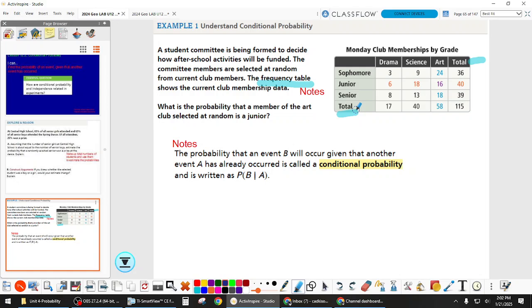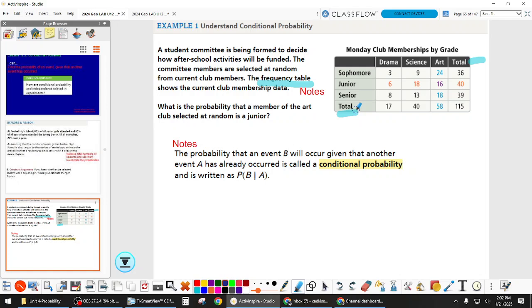Okay, what is the probability that a member of the art club selected at random is a junior? Okay, so I'm hearing some numbers. Okay, first of all, are these two independent?